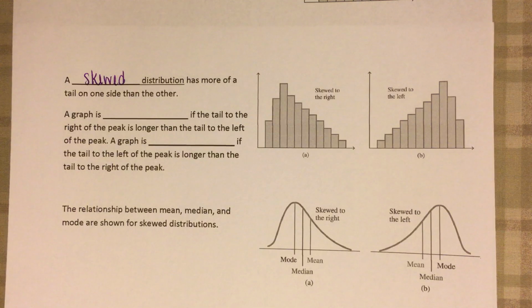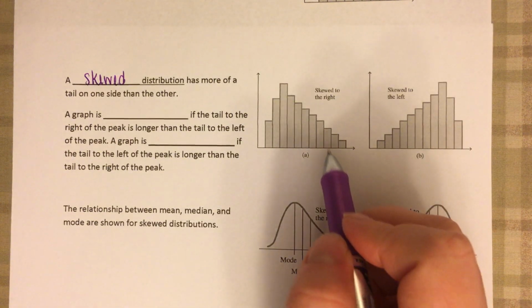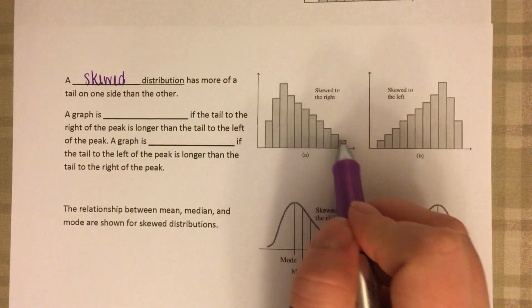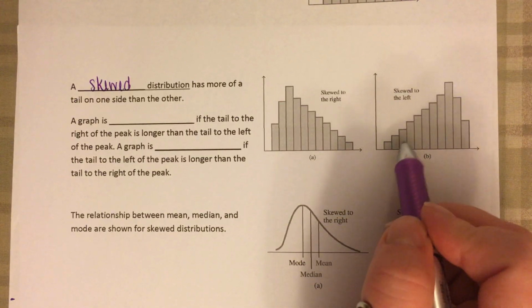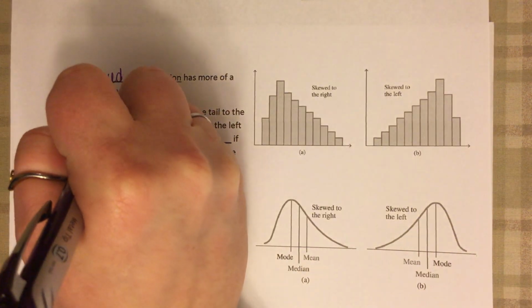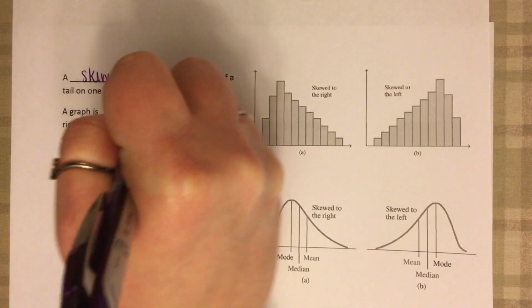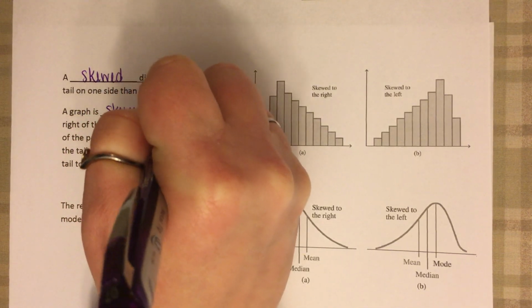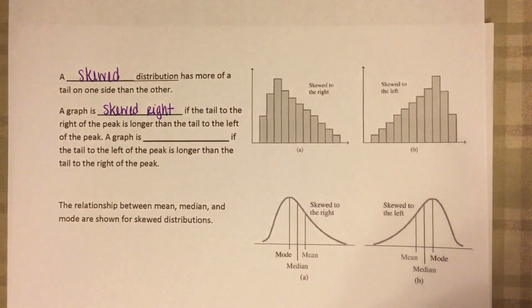We separate skewed distributions by talking about their tails. The tail is the longer, skinnier part. So if we look at this first one, it has a tail that's over on the right. This one has a tail that's over on the left. So a graph is skewed right if its tail is on the right side of the graph.